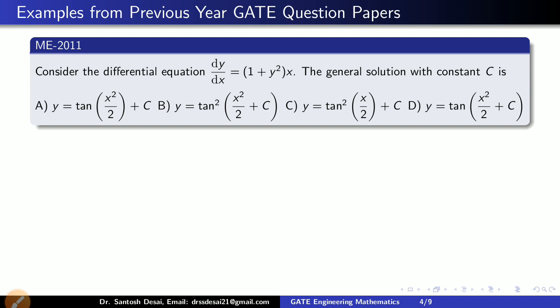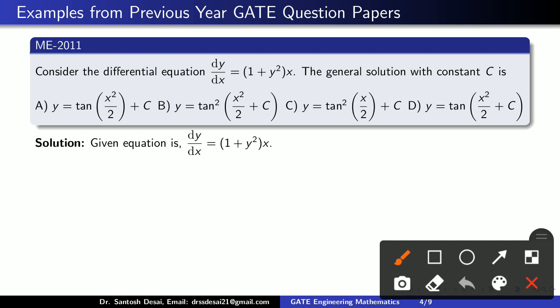Now I am going to solve this example by using the variable separable method. So let us take the equation dy by dx is equal to (1 plus y square) into x. Now here we have to separate the variables.